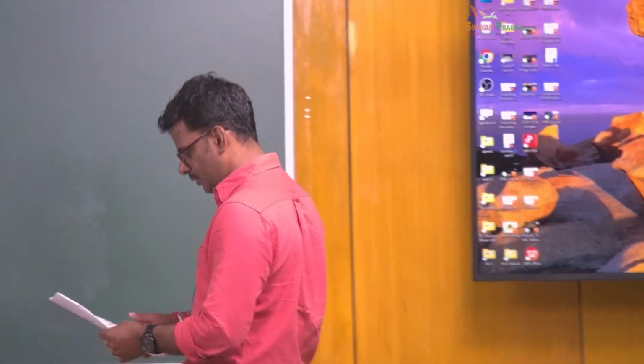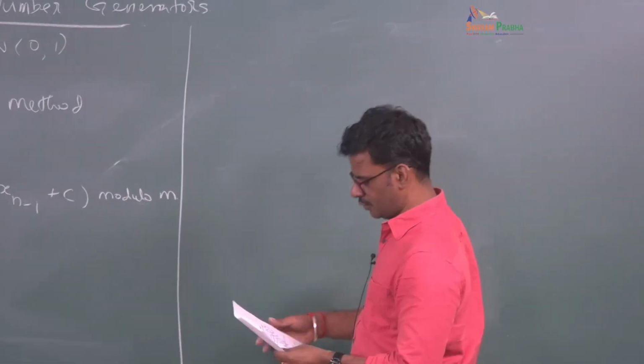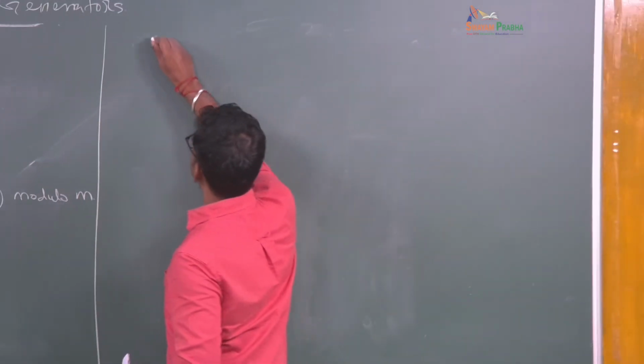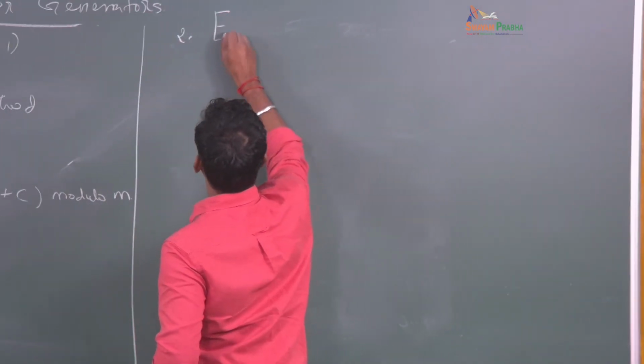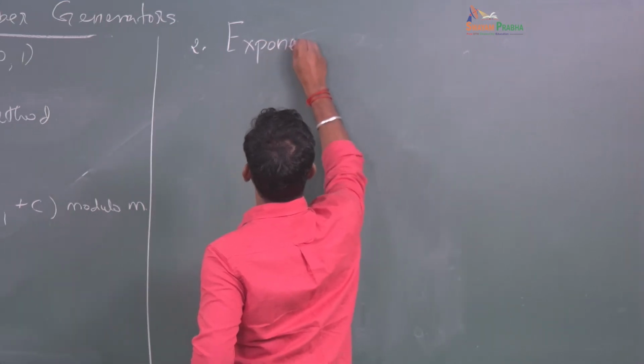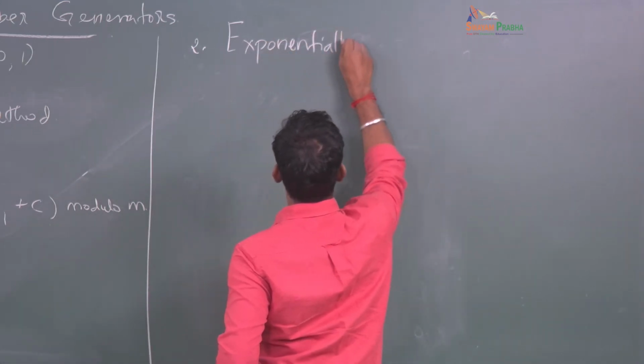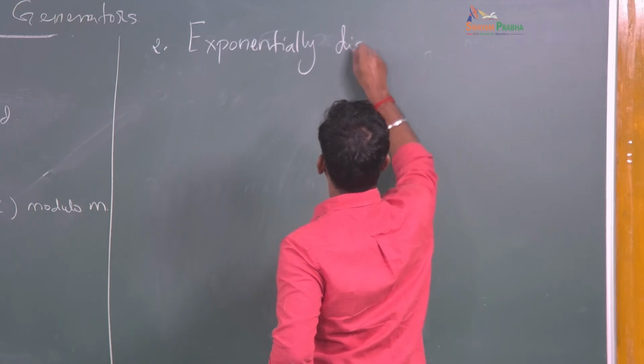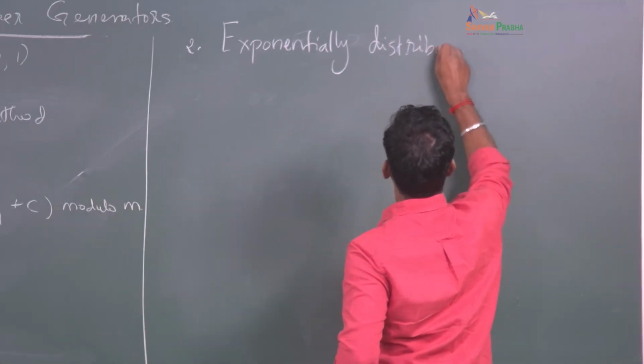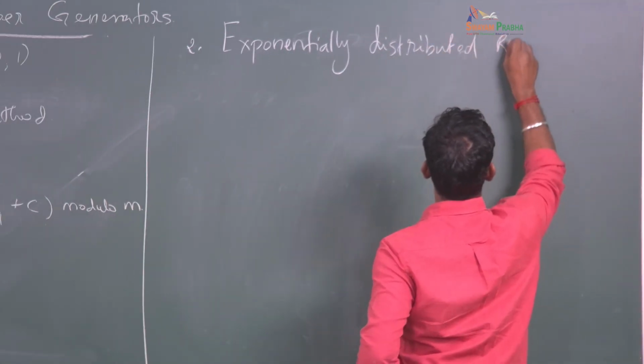So let's say I want to look at the exponentially distributed random number.